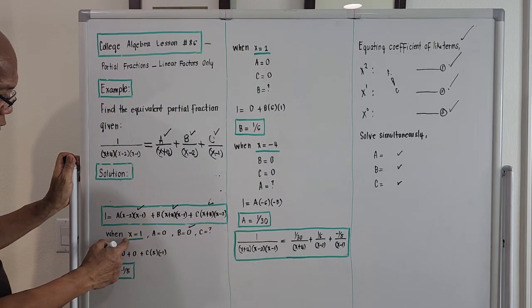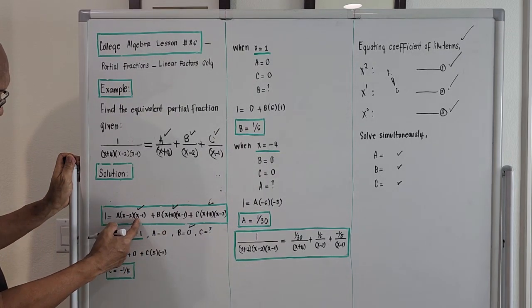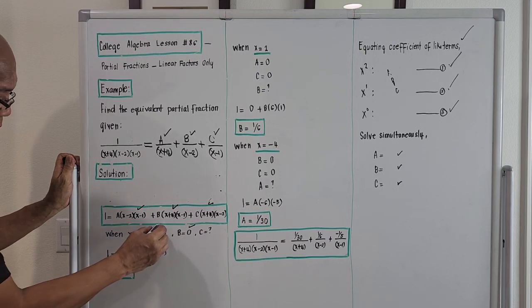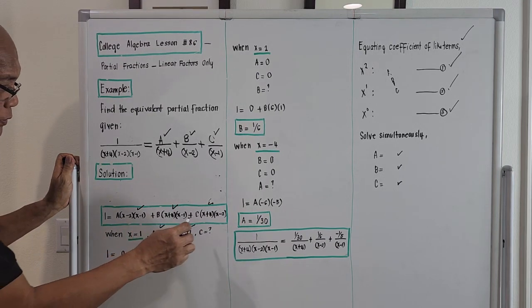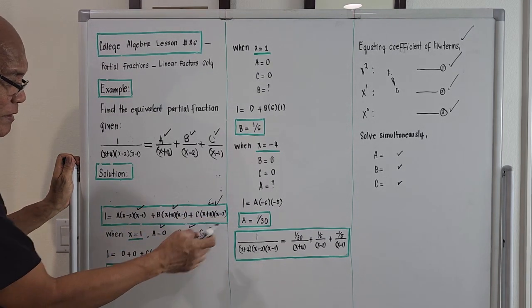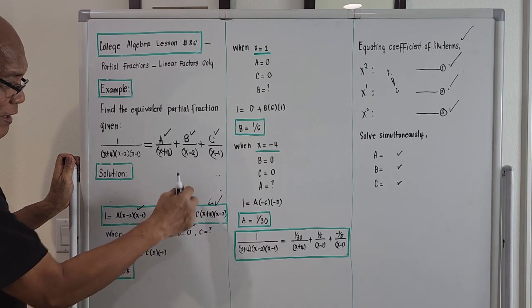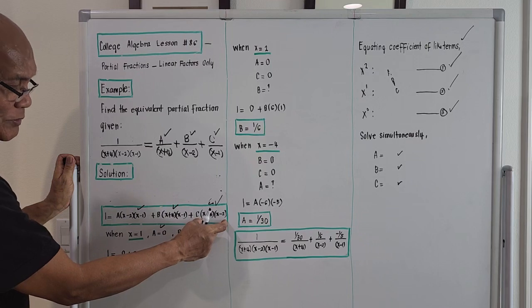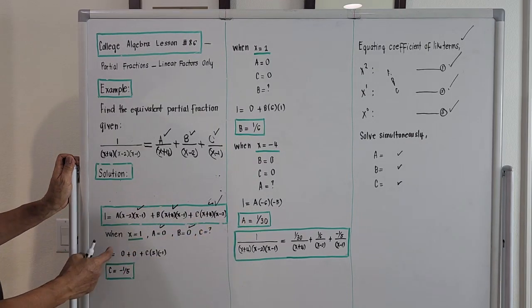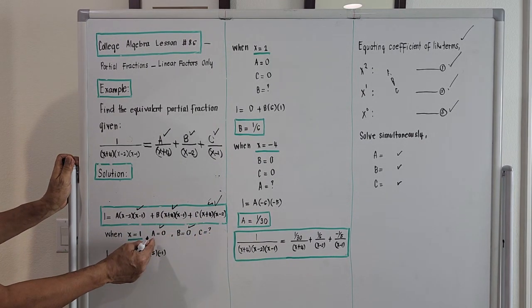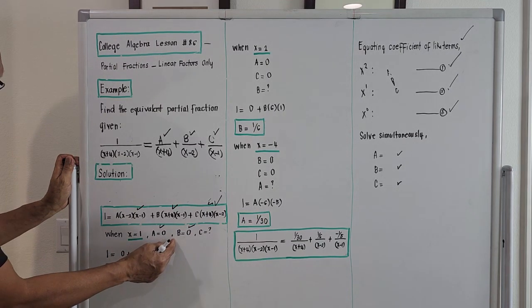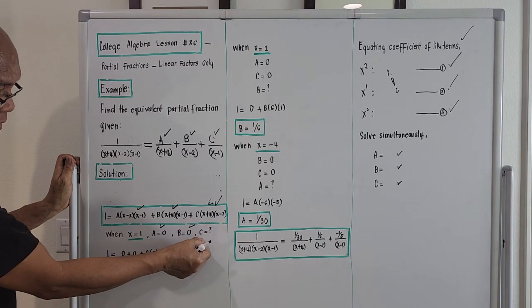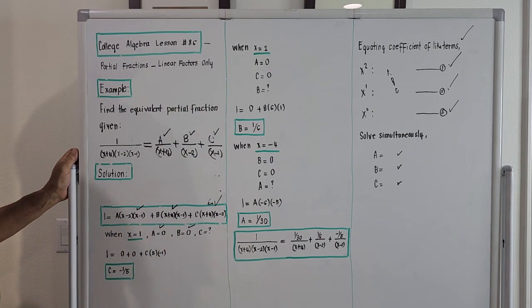And when x is equal to 1, this will be 0. 0 times A will be 0. So we could compute for the value of C. Okay, you got it? Because when x is equal to 1, no coefficient of C will become 0. So when x is equal to 1, A will be 0, B will be equal to 0. What will be the value of C? We can now compute for the value of C.